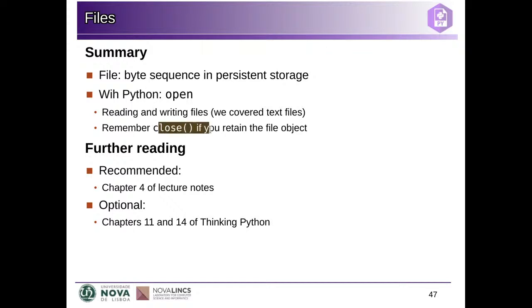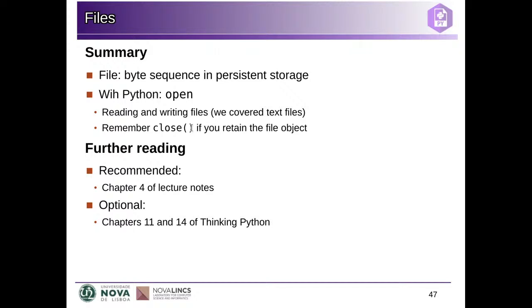If you don't close the file, what happens when you're writing is that Python is sending the instructions for writing to the file to the operating system, and usually the operating system stores everything in memory and then writes to the file when there is low use of the system or something like that, to optimize file access.